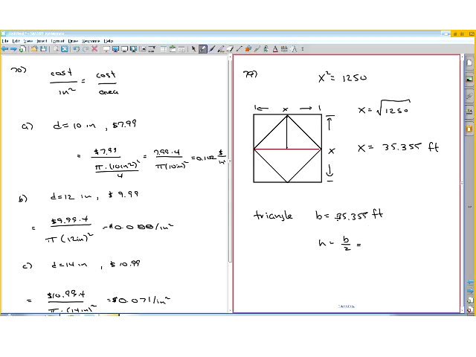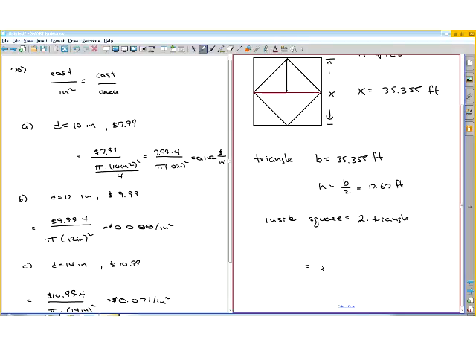So if we divide that by 2, we get 17.67 feet. So the area of this inside square is going to be 2 times the area of the triangle. So we'll say the inside square is 2 times the triangle we just came up with.